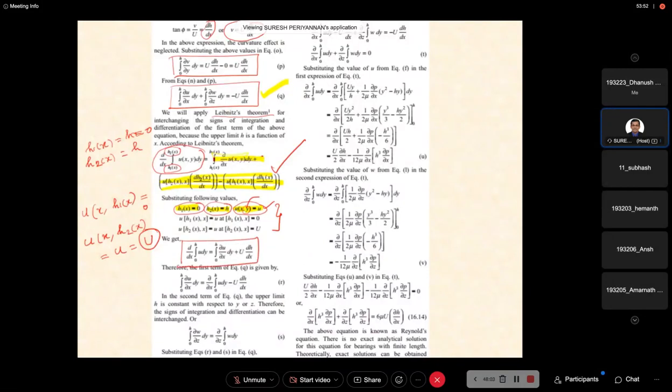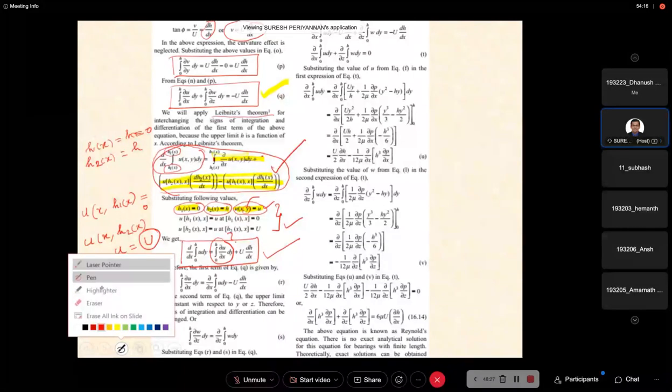If you simplify this, you substitute these values in this Leibniz theorem, whatever we discussed, then finally we are getting this equation. Now from this equation, this is our aim, our ultimate aim, to find out the value of this.